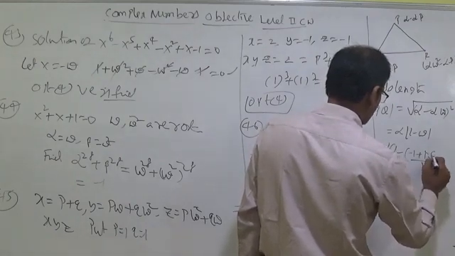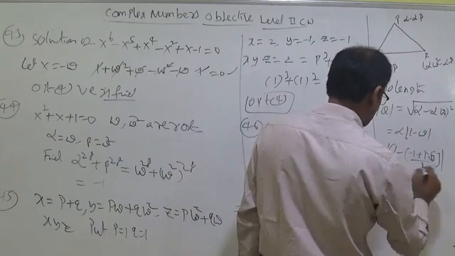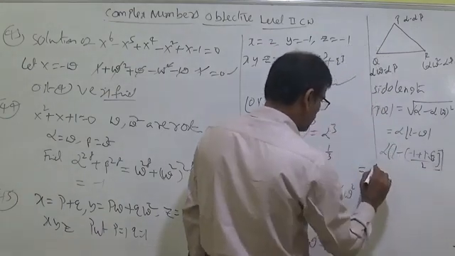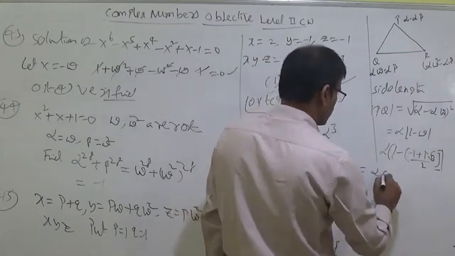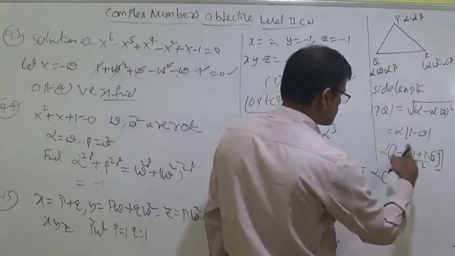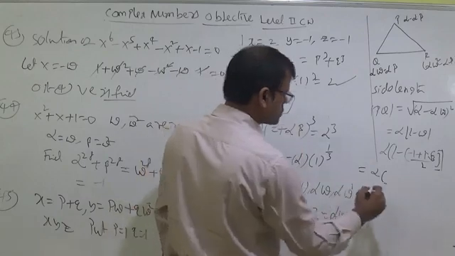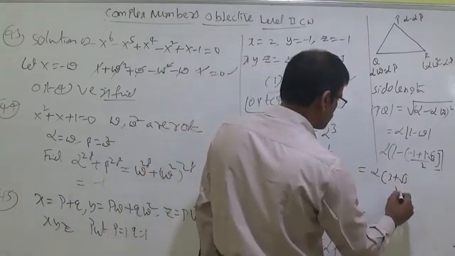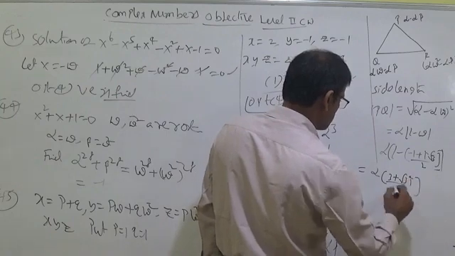1 minus omega we got 1 minus (minus 1 plus i root 3 by 2), so that is equal to alpha into, taking LCM 2, 2 plus 1 becomes 3 by 2, so (3 plus root 3 i) by 2.